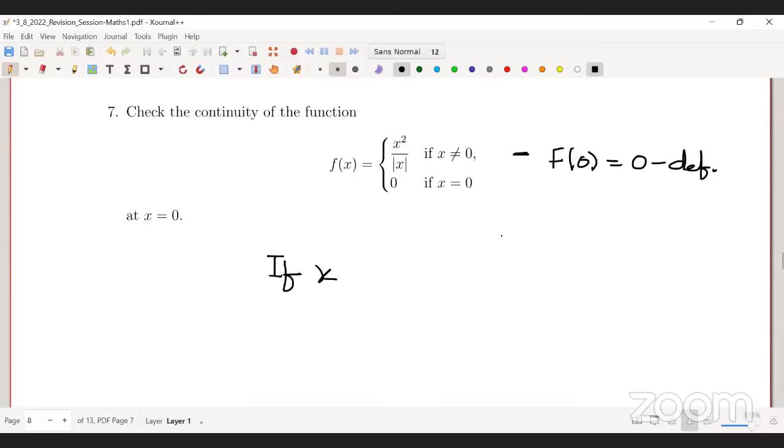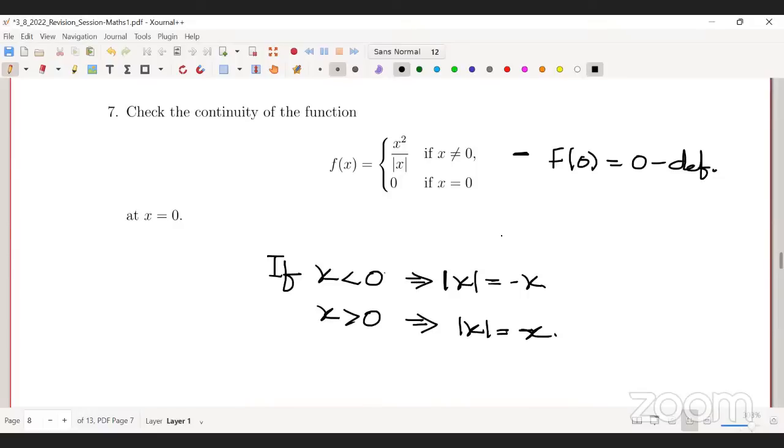If x is less than 0, the value of mod x is minus x. If x is greater than 0, then mod of x is plus x, because I have already mentioned that x is greater than 0.